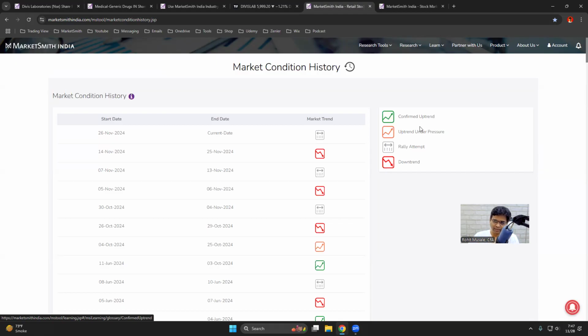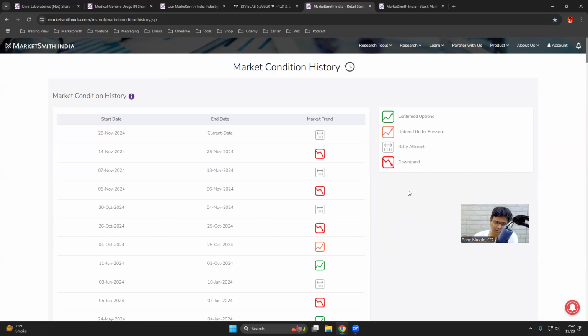And in this period, uptrend under pressure, it is okay to buy stocks which are fundamentally and technically strong. So the more weakness in the market, the more strict your criteria should be. Now this stock shows decline in EPS in the consecutive 2 years. So even if this was green, I would hesitate to buy the stock. And even if I had bought the stock, I would keep my position size very small.